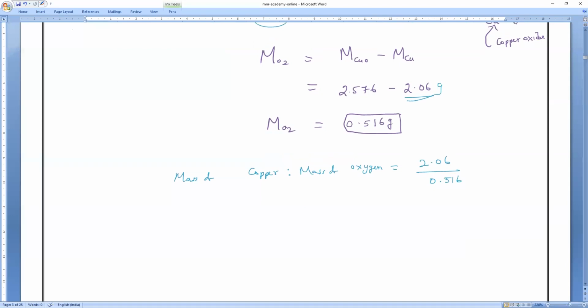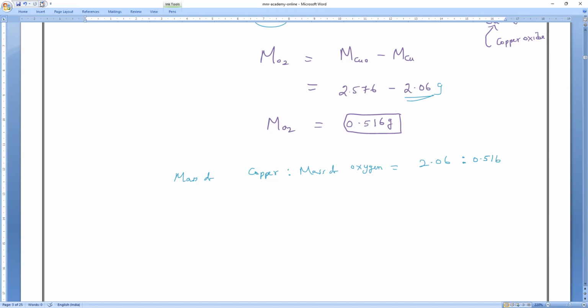Basically we want to write the ratio, so let me write it: 2.06 is to 0.516. Any doubt?